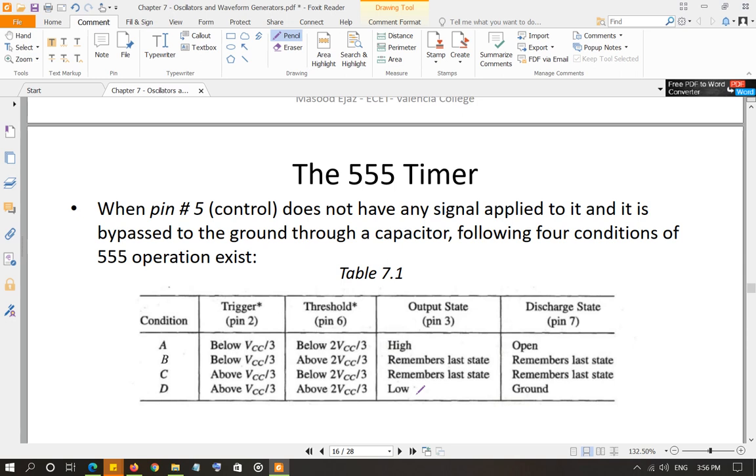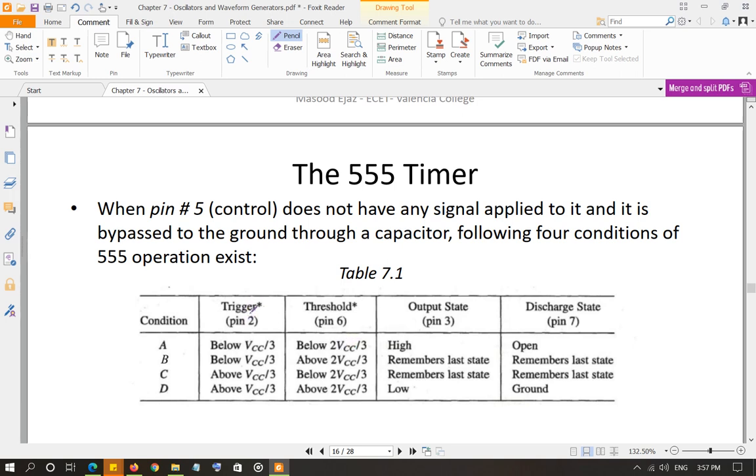Now, irrespective of whether their output is high or low, in this table the output state, the pin number 3 state, is defined. So it is defined that if trigger, pin number 2, is below 1/3 of VCC, that is, the output of the lower comparator is VSAT or high, and if pin number 6 is less than 2/3 of VCC, that is, the output of the upper comparator is at negative VSAT or low.